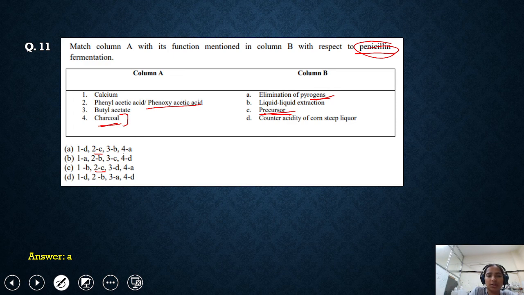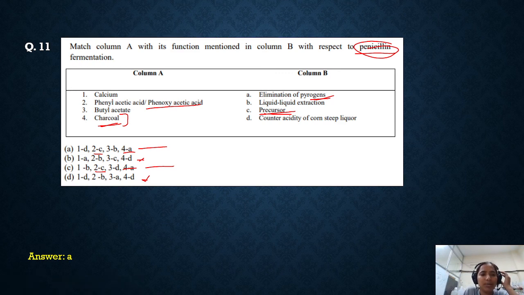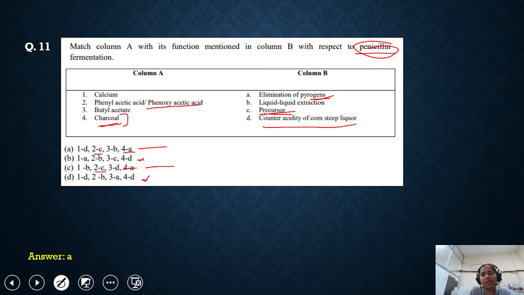So the fourth is matched with A. Now both options A and C are possible. Then we will see about calcium. Why is calcium used? Calcium is mainly used to counter acidity of corn steep liquor, because it will precipitate if we use the salt of calcium, and it won't allow the change in pH.